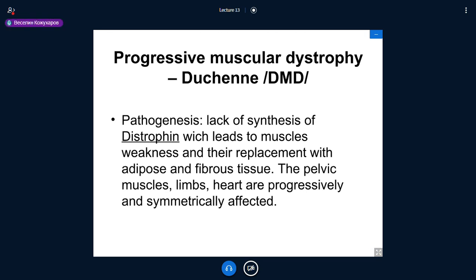Pathogenesis, as I said, there is a lack of synthesis of dystrophin, a special protein.